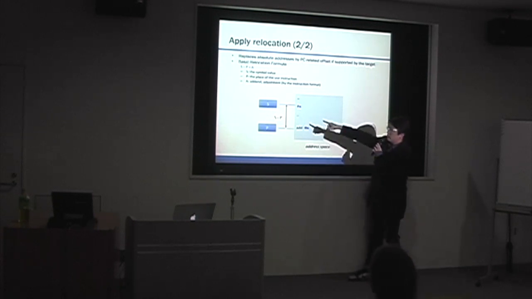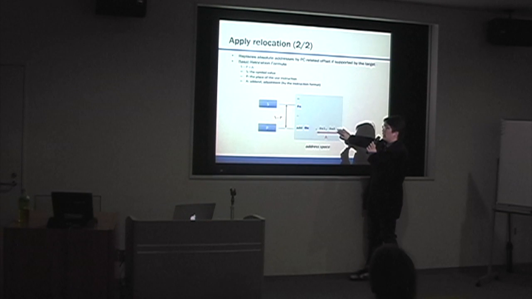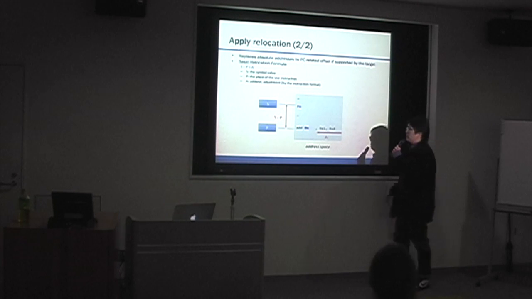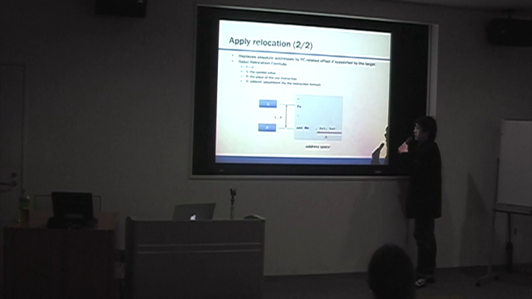S is the address of the symbol, so it is symbol A. P is the address of the use instruction, so the meaning of S minus P is to find the distance between the use and the defined fragment.